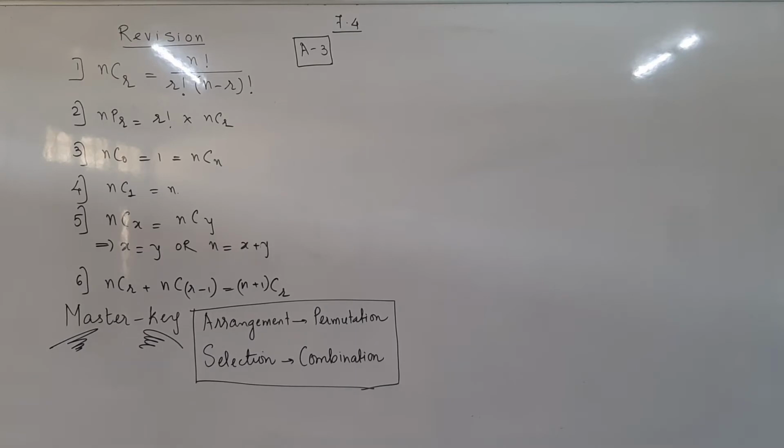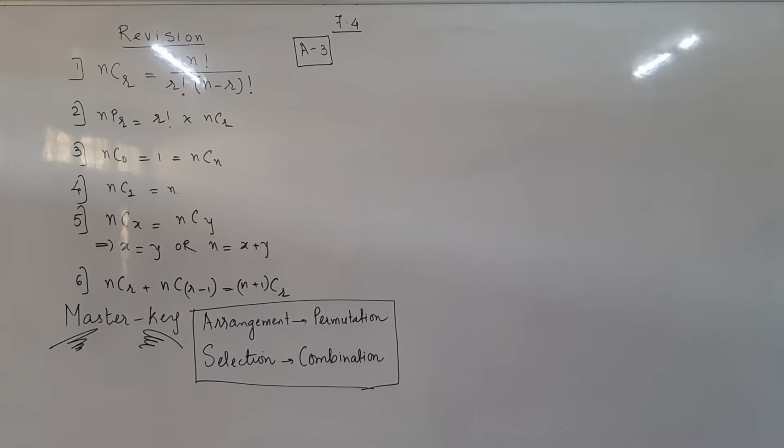If you have selection or draw, draw is also selection, and if you have ordered arrangements, then you have to use permutation, and if it is selection, then we have to use combination. This is what I want to emphasize upon. Now students, we start with sum number 3.